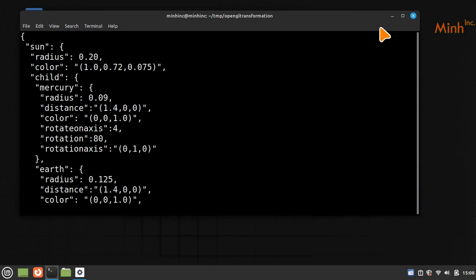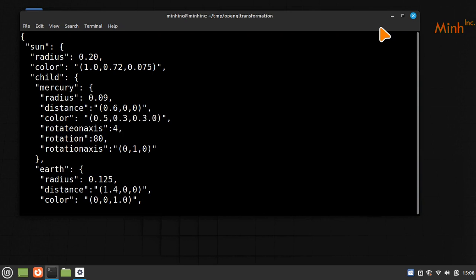And what would be its distance? I can say 0.6. What would be its color? It's certainly not blue, so I can say 0.5, 0.3 and 0.3.